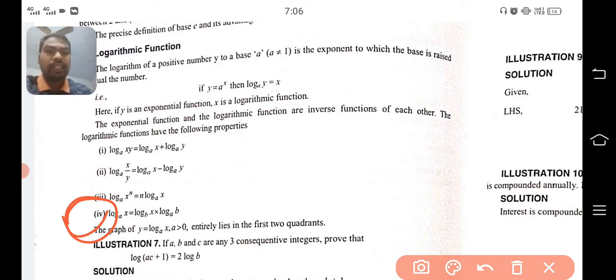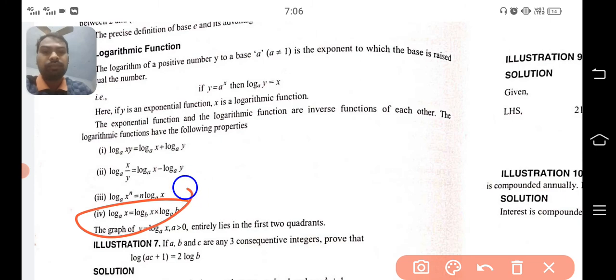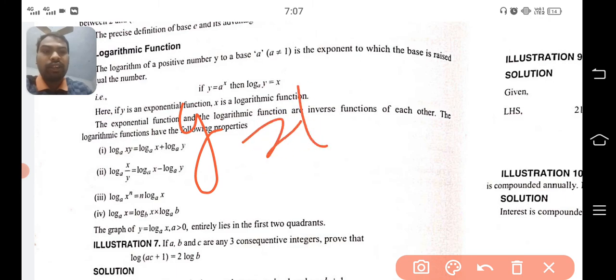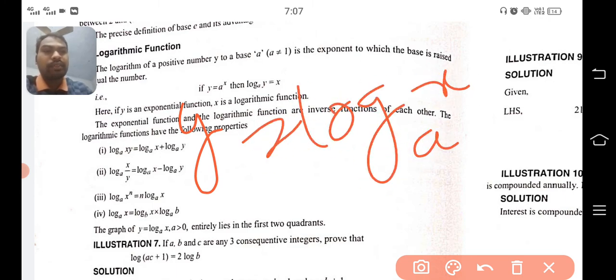Okay, we can take it like that. Clear? Understood or not? So here log x with base a is equal to log x with base b times log b with base a. Clear? So the graph of y is equal to log base a of x.